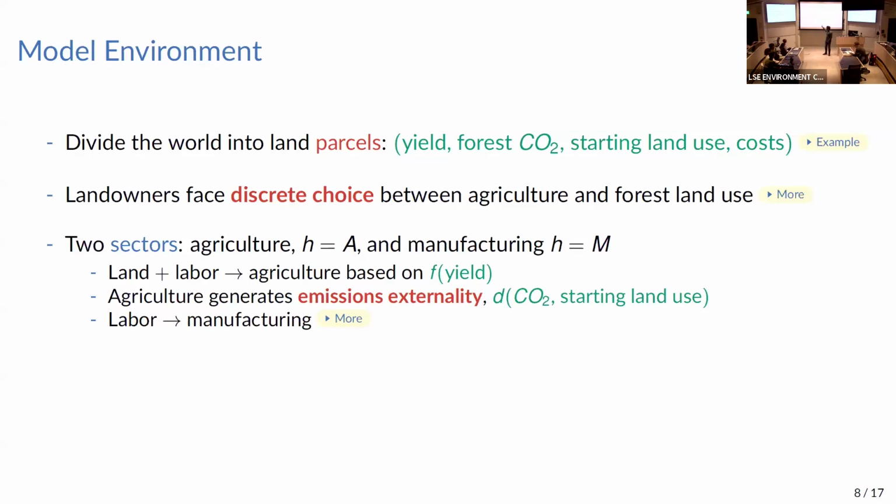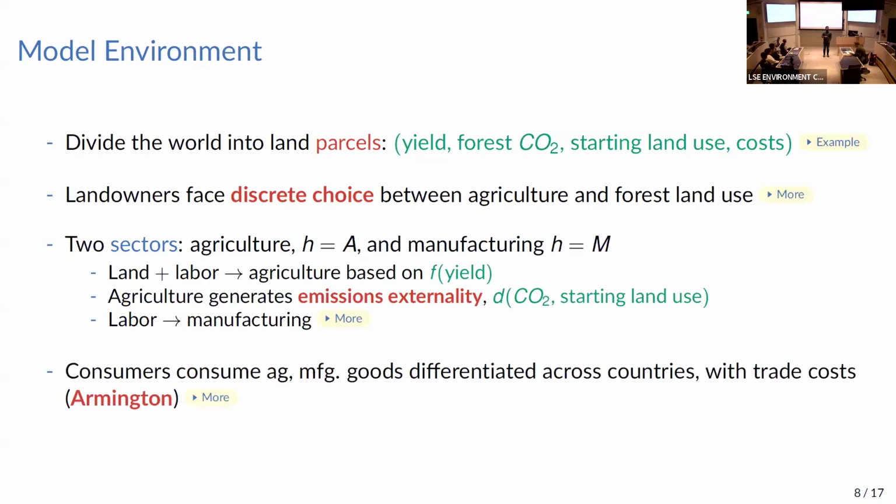And then there's this second sector or industry, which I'll call manufacturing. It's basically everything else in the economy, and that competes with agriculture and uses labor. Finally, on the demand side, consumers are going to consume a mix of these agricultural and manufacturing goods. They're going to be differentiated across countries, and they're going to be traded. Okay, so there's a demand system which is going to rationalize everything that's happening on the supply side at the top of the slide.